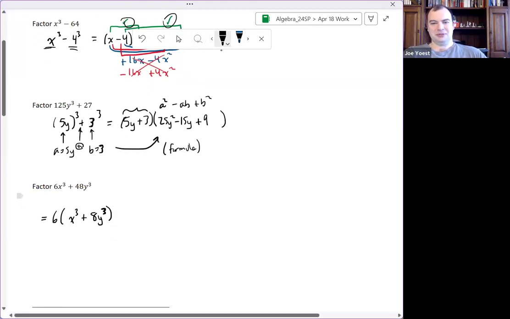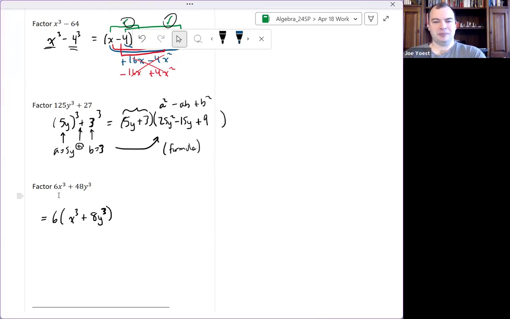But for this third problem, we don't immediately see a sum or difference of 2 cubes because 6 and 48 are not perfect cubes. But this x cubed and this y cubed, along with the fact that there's only 2 terms here, makes me kind of suspicious that I've got a sum of 2 cubes on my radar.